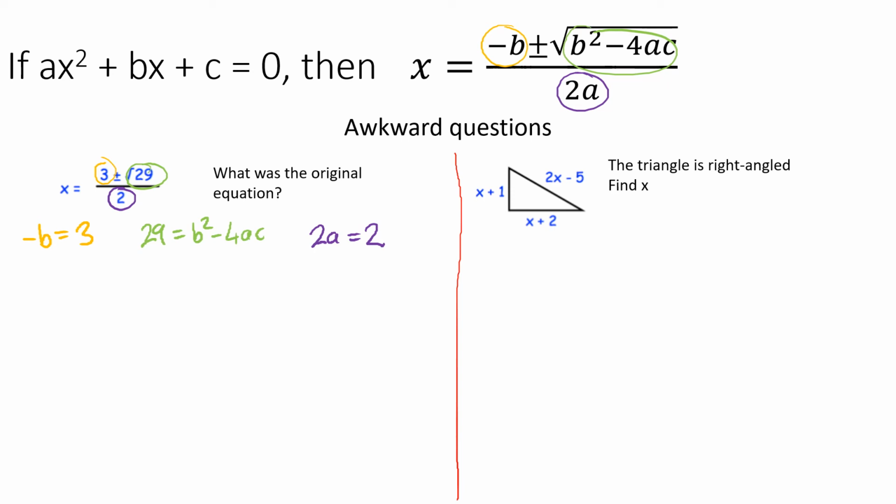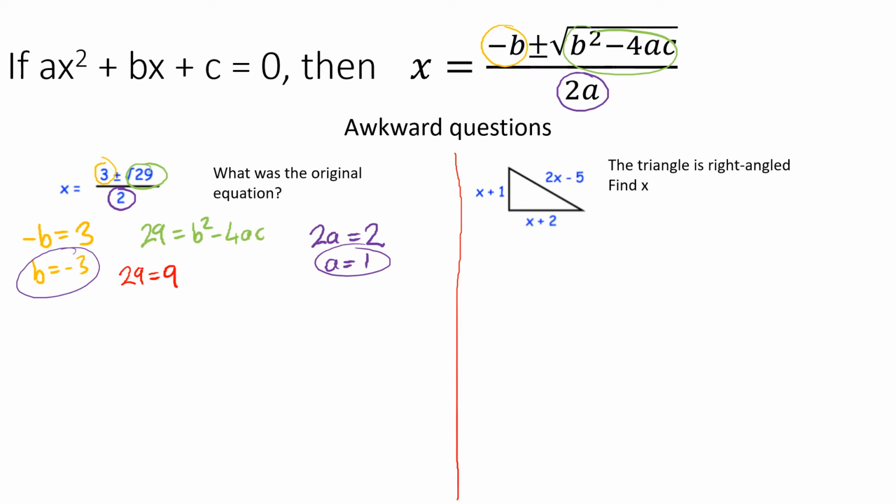Okay, what's the value of doing that? Well, it means we can work some stuff out. We can certainly work out from this that b is minus 3. We can certainly work out from this that a is equal to 1. And we can take those values and put them in the other equation. So 29 is b squared, so that's 9.